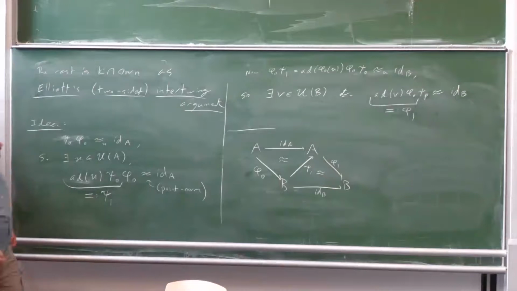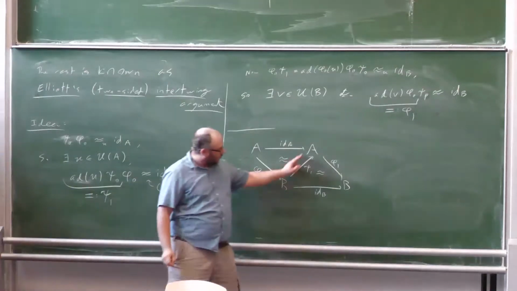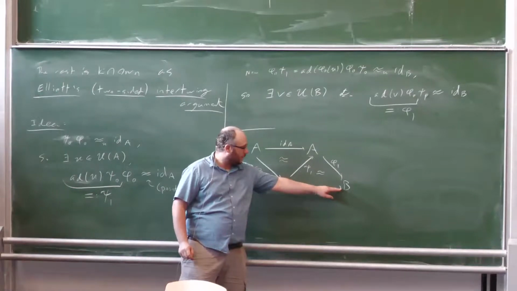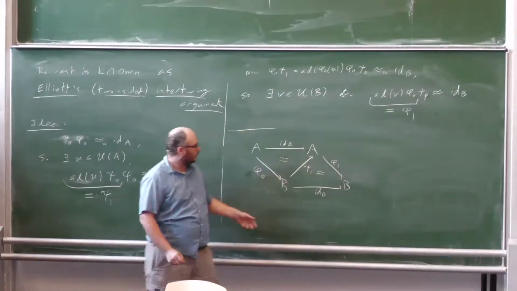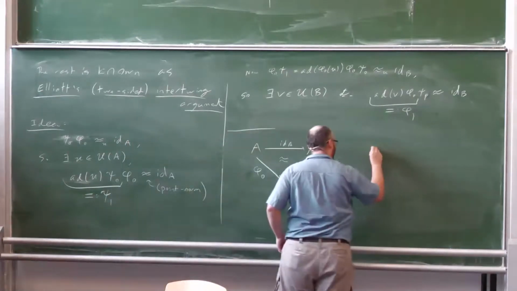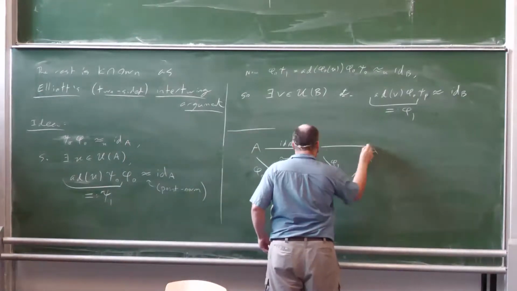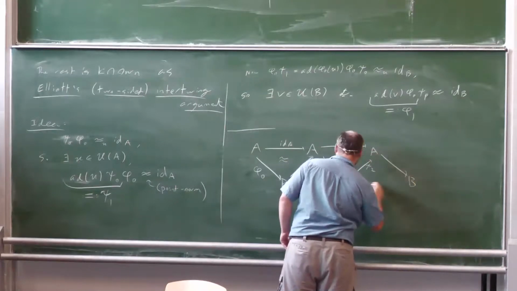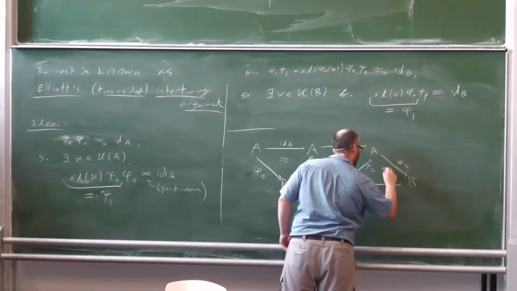Then you iterate. Psi 1 phi 1 is close to the identity on B, but phi 1 psi 1 is far away. You can correct that by conjugating by another unitary. So you get a psi 2 and a phi 2, and so on.